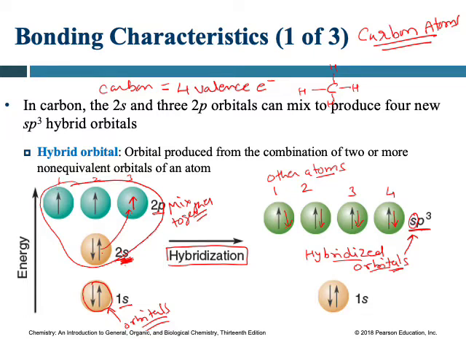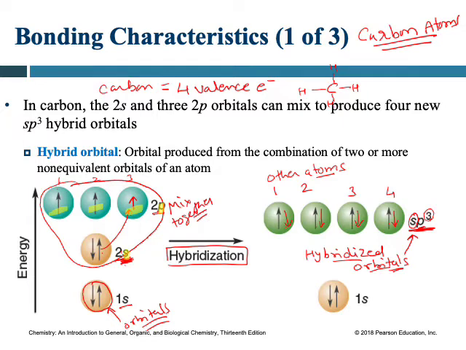You mixed 1 s orbital, which is this, the s orbital, and then you mix how many p orbitals? 3 of them. So you use 3 p orbitals, 1, 2, 3. So this sp3 hybridized orbital tells which orbitals took part to form it.